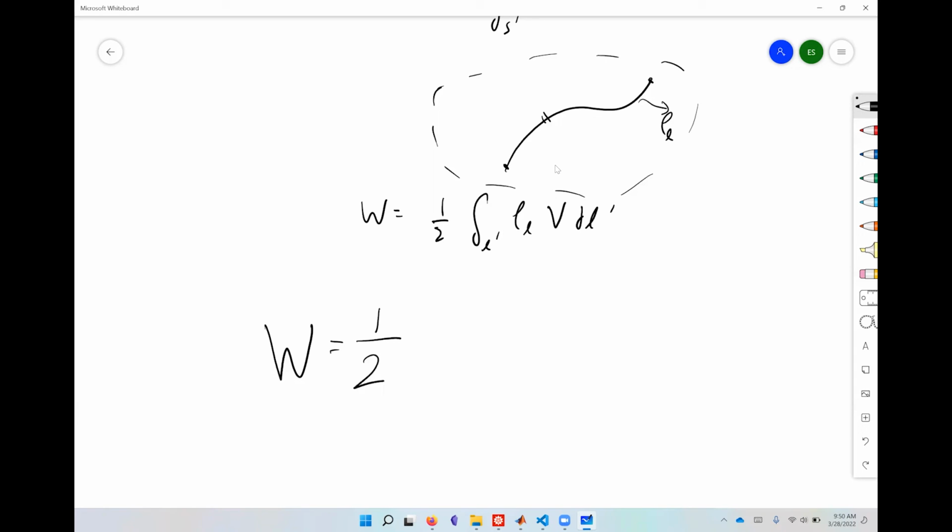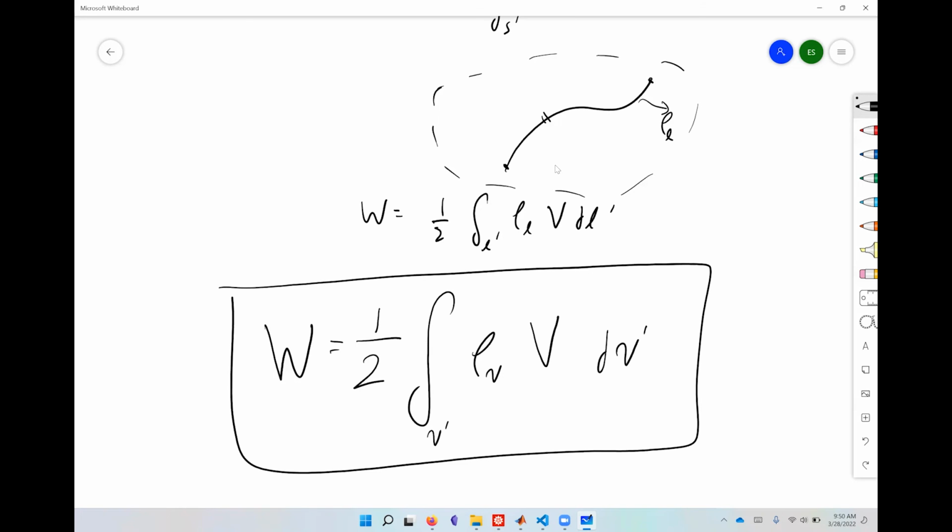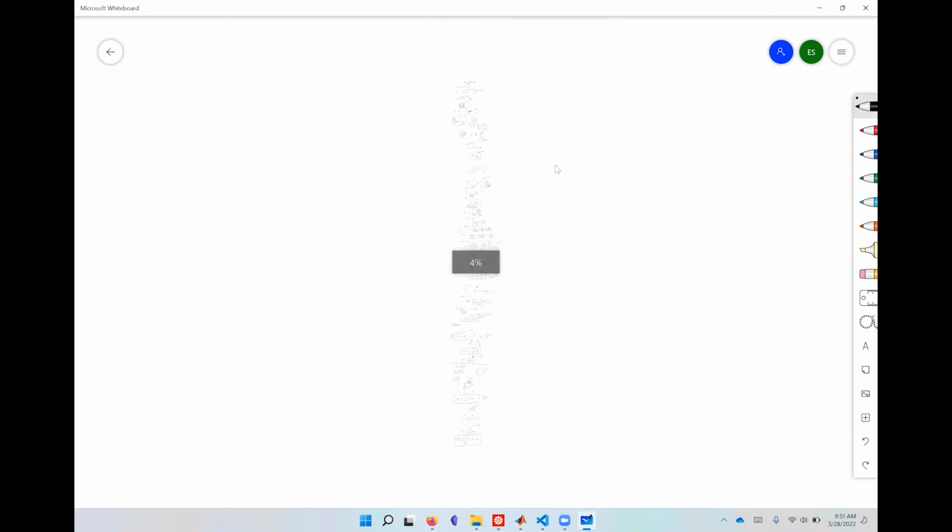This is half the integral over all the charges, whether they are volume or surface or line. Assume they are volume here. Find the charge at each infinitesimal element, which is rho times the surface or volume or line element, and then multiply by the voltage. So this ties energy to the charge distribution.